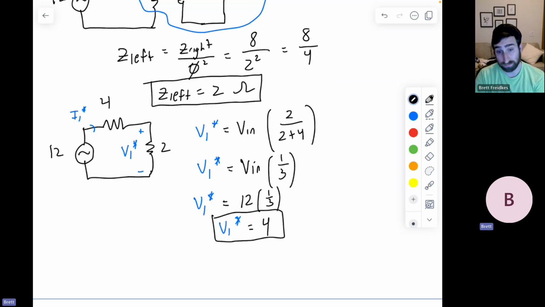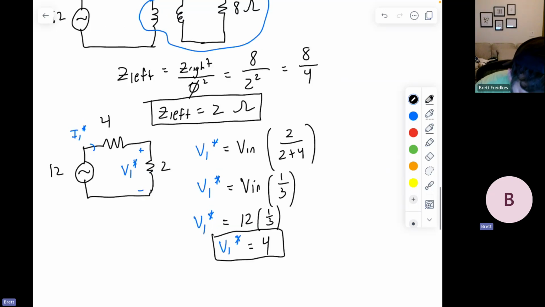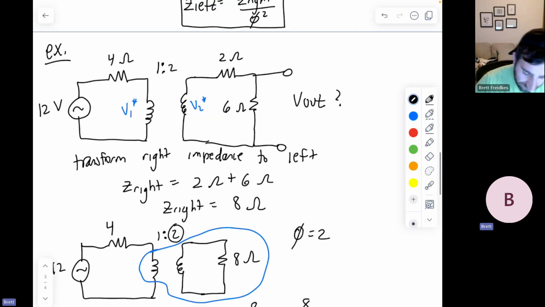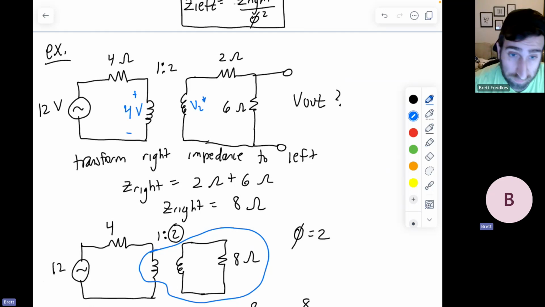Now, what's nice about that is I just found that the original V1 star is 4. This is 4 volts across that transformer on the left. And now I can go ahead and find V2 star.